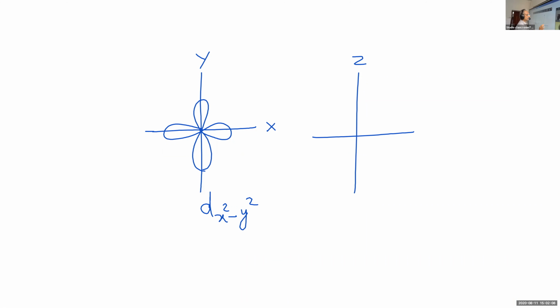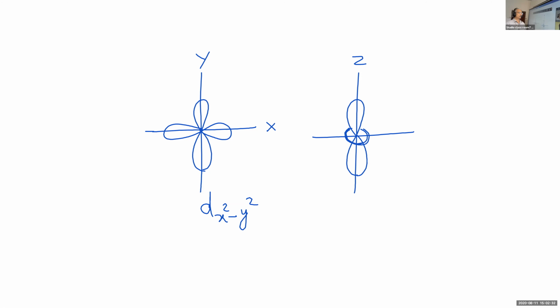So the dz square orbital will be like this, along the z-axis. And here there is a belt at the center, like another long balloon. Say, when you are wearing pants, you use a belt at the center.